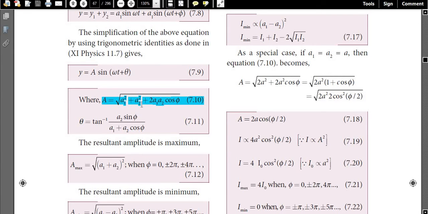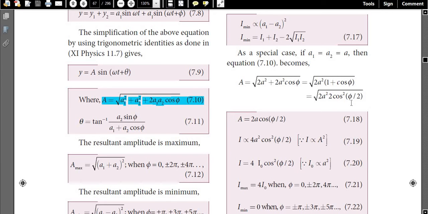Remove the common term from this equation; 2a square is the common term, so root of 2a square into (1 plus cos phi).